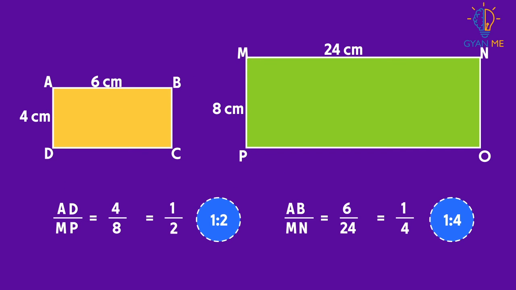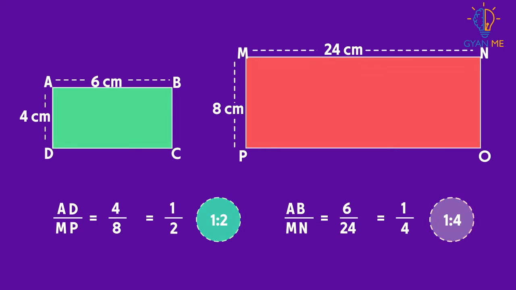For example, let's take two rectangles where the ratio of one side is 1:2 and the other side is 1:4. As both the sides have different ratios, they will not be similar, as their shape will change. Thus, we can say that all rectangles may or may not be similar to each other.